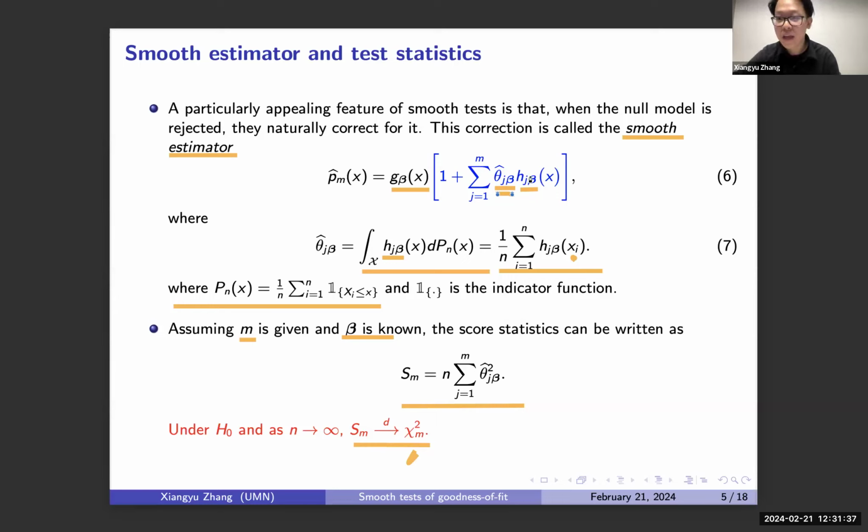This is one possible way. Or alternatively, you can perform some diagnostic tests, a one-by-one test for each of the theta j beta hat here, and maybe you will get clearer or more information based on this. Does this answer your question?